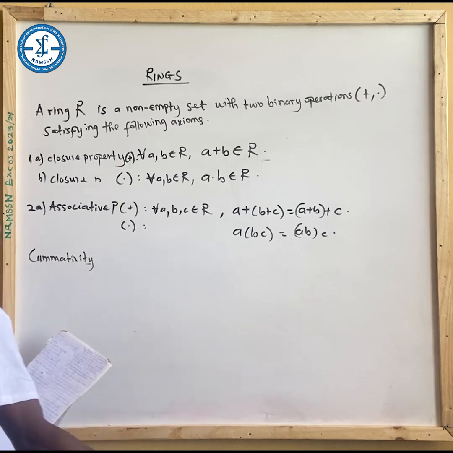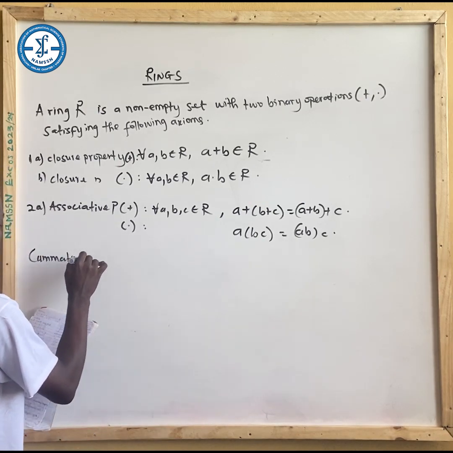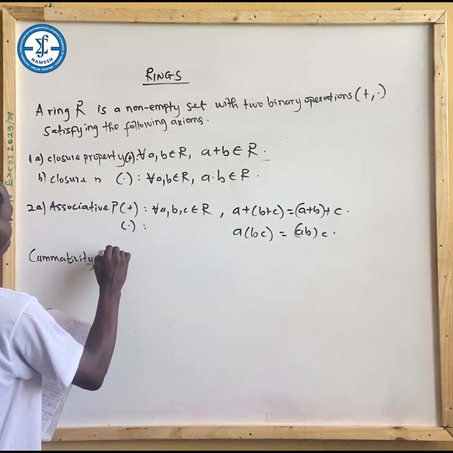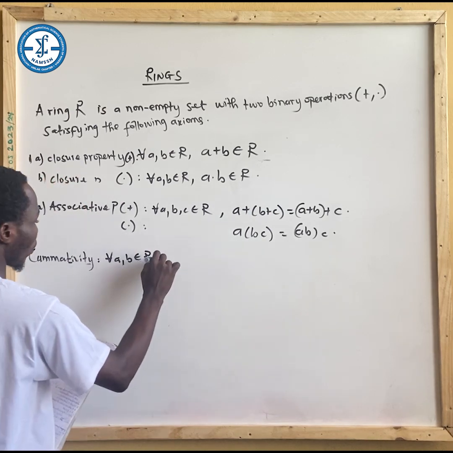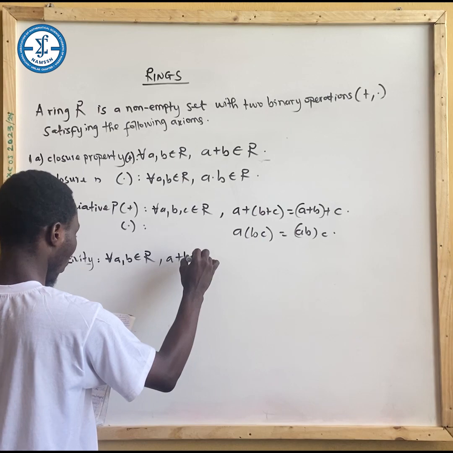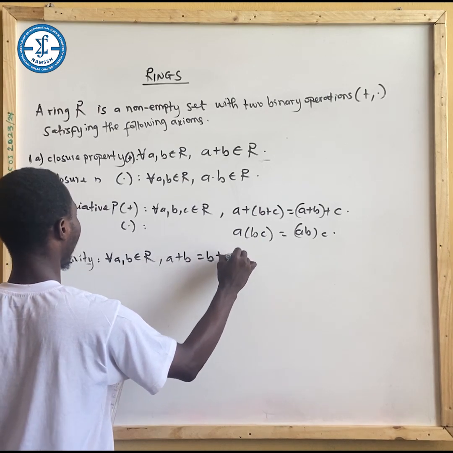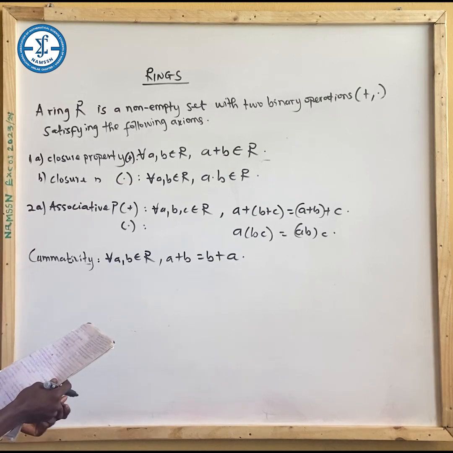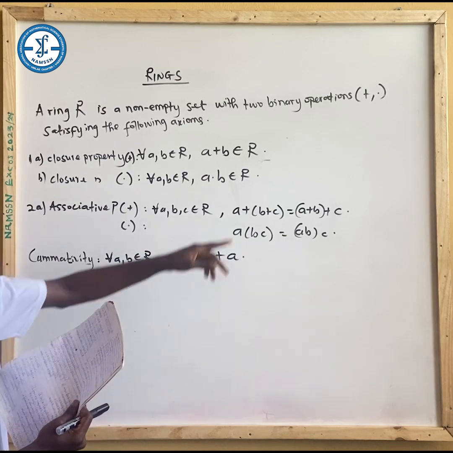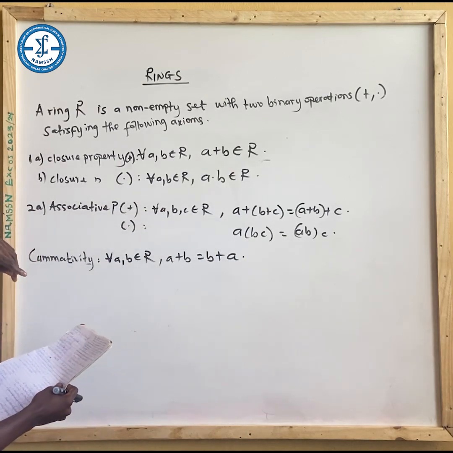So this commutativity under addition is: for all a, b in R, a plus b is also equal to b plus a. Now commutativity only holds under addition. We have no commutativity under multiplication.